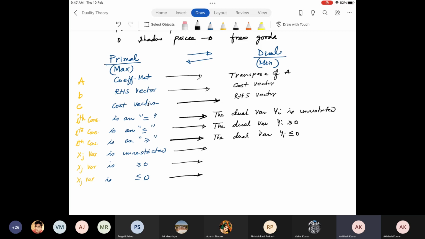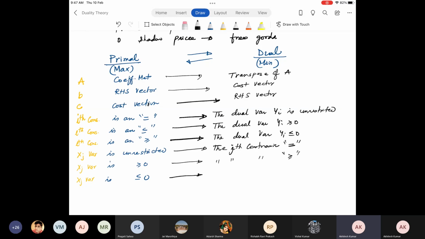Now, if the xj variable is unrestricted, the jth constraint will be equal to type. If the xj variable is greater than or equal to 0, the jth constraint would be greater than or equal to type.